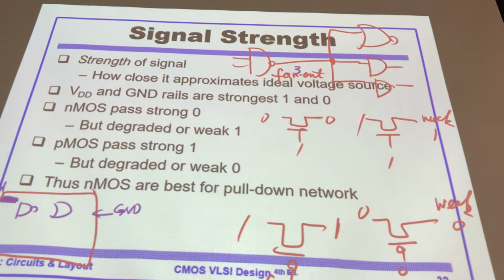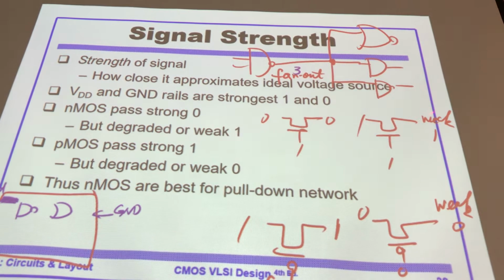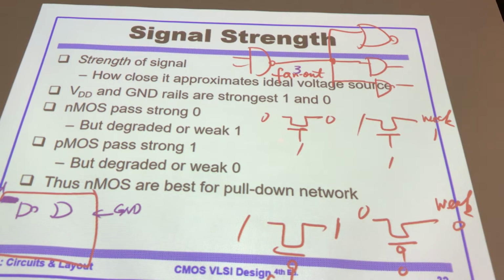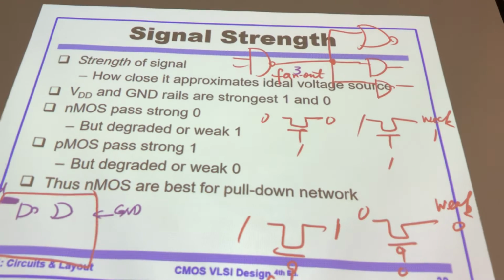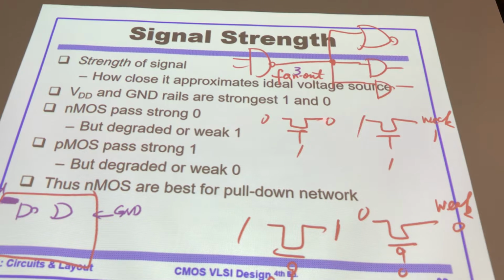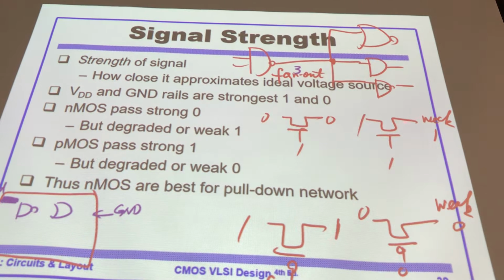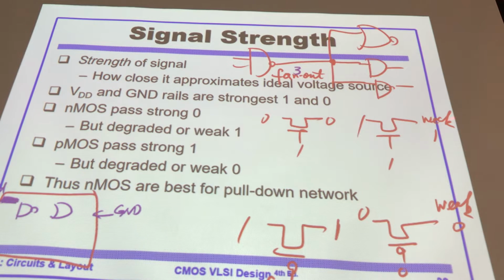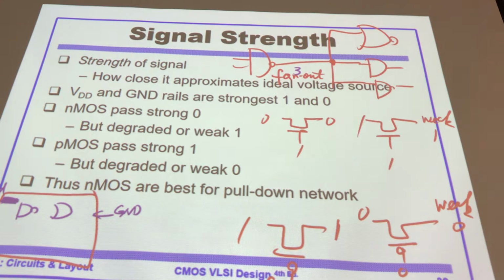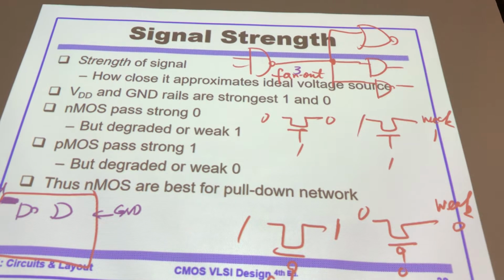One signal coming from here, on the right hand side is going to be signal 1 again, because these switches are on. However, for NMOS transistor, it will pass strong 0, but it cannot get strong 1 on the right hand side, because NMOS transistor is good at transmitting signal 0, not signal 1.